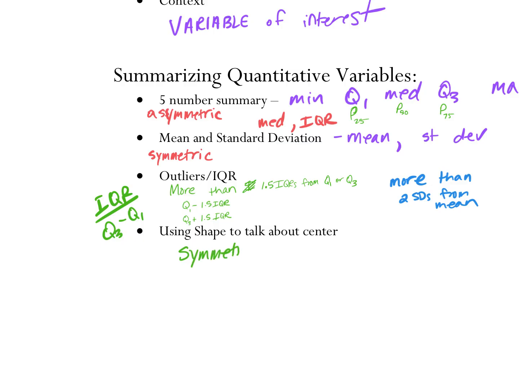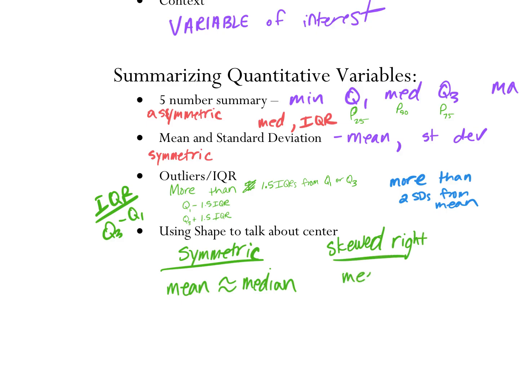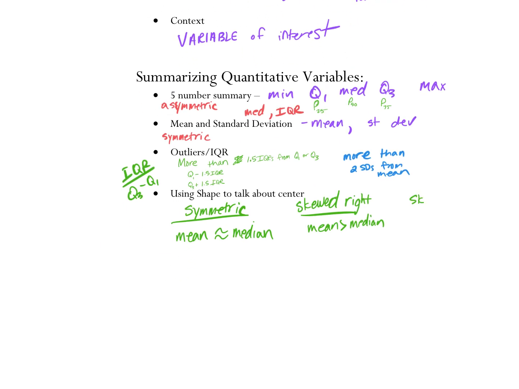If a distribution is symmetric, the mean is approximately equal to the median. They're not necessarily perfect, okay? If it is skewed right, that would mean the mean is bigger than the median. Skewed left, the mean is less than the median.